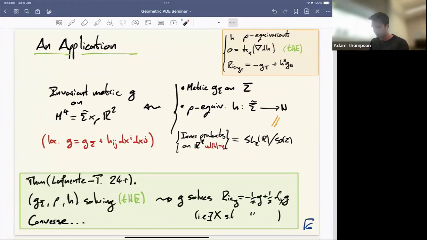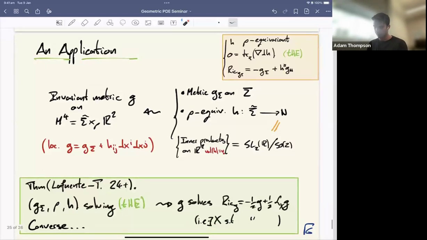What I mean by that is there also exists an X such that the Ricci curvature of this invariant metric on M is equal to -1/2 G plus some Lie derivative term. And really for Ramiro and me, this is how this originally started: we were studying these invariant Ricci solitons.